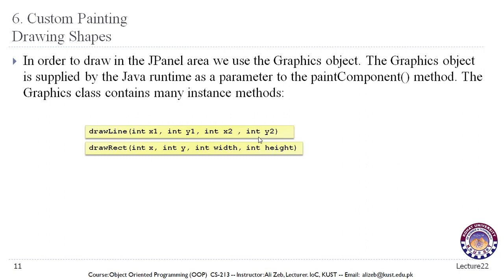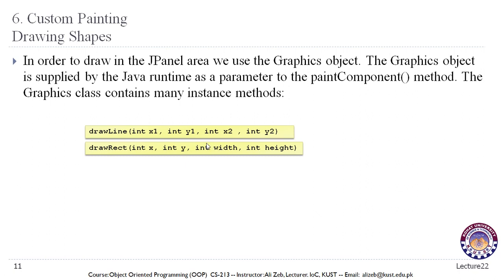Similarly, the drawRect method will draw a rectangle in the JPanel area. Integer x and integer y show the starting position of the rectangle. We measure the position from the top of the panel in graphics. y shows the distance from the top, and x shows the distance from the side of the panel.